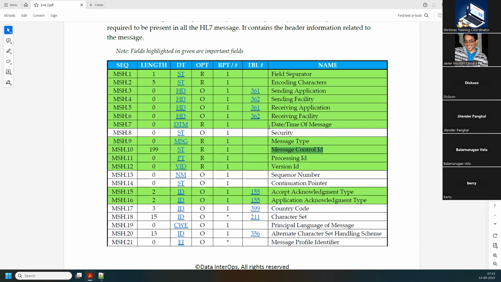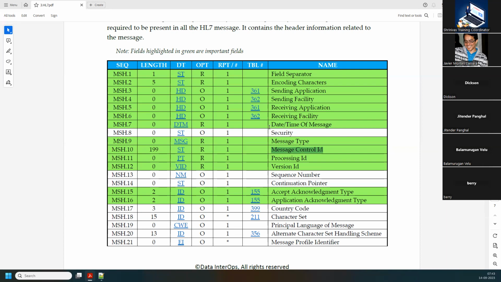So it is very important to identify a single message uniquely when you are transacting so many messages. MSH 10 is the one which will have that unique ID, and this is called the message control ID. It will help us to identify or pull out one single HL7 message from hundreds and thousands of transactions that you have.